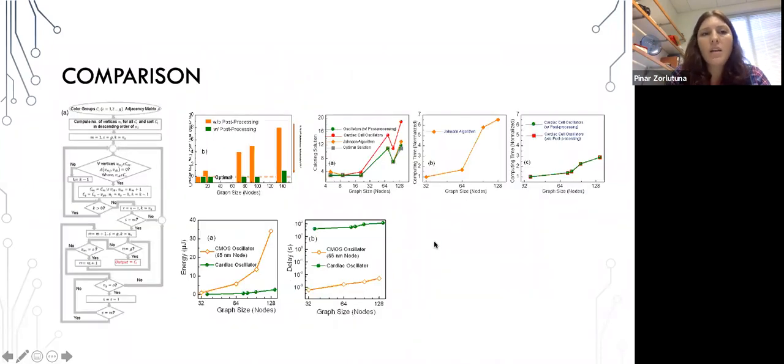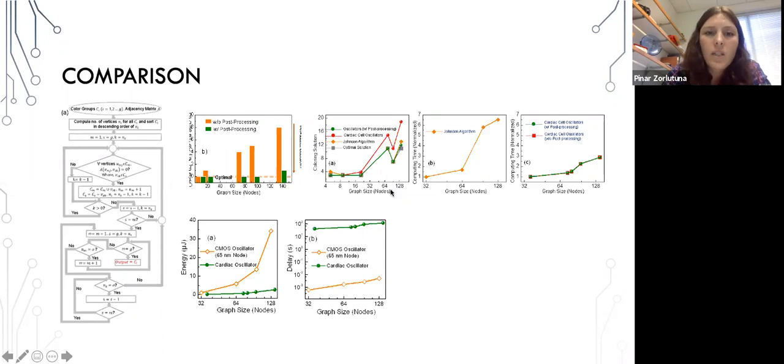So where are we going with this and how does this compare? First of all, because the cardiac cells are not as sturdy as the silicon or CMOS ones, there's a degree of error.